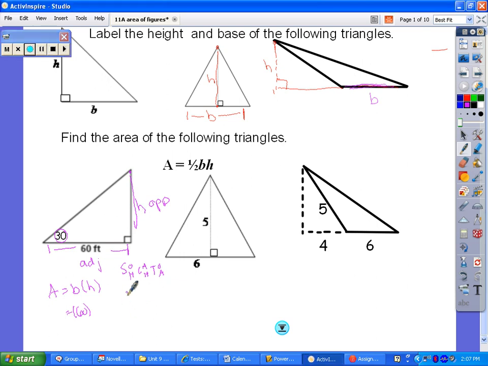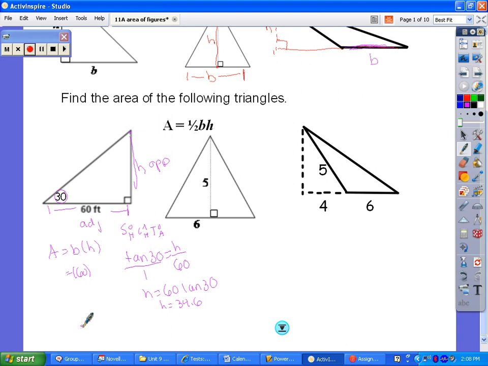So to find the height, we're going to say tangent of the angle, which is 30, is opposite, so that's H over adjacent, which is 60. We remember to put this over 1 and cross multiply to solve, so H is 60 tangent of 30. Then you type that in your calculator to get the answer, and the height is 34.6 if we round to the nearest tenth. Make sure your calculator is in degrees.